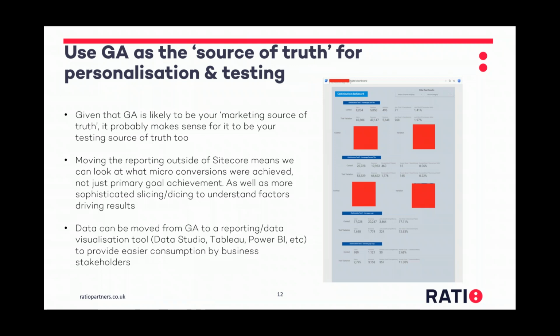Whereas in GA, you can look at those groups that saw each experience and then look at a whole bunch of different metrics relating to the people in each group. So it provides a more sophisticated way to find out why your test performed as it did, rather than just seeing that it lost or won against one goal and leaving it there as far as your learning.